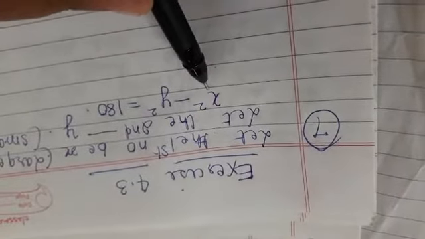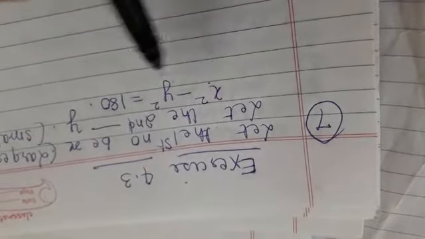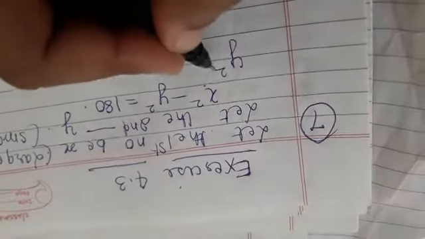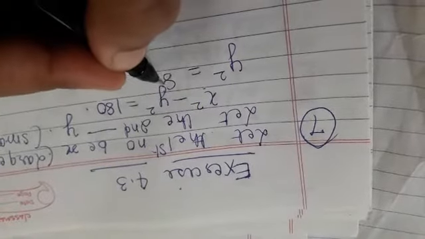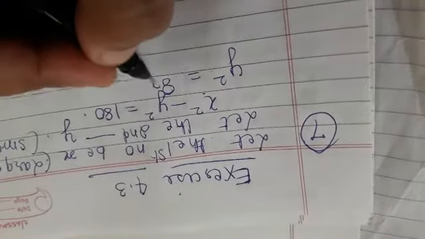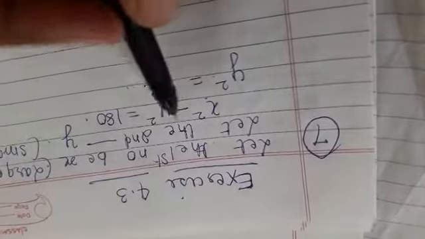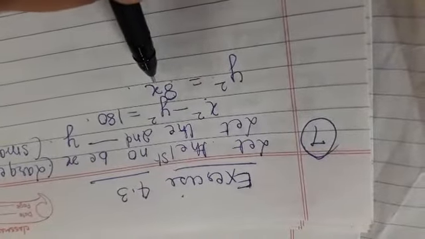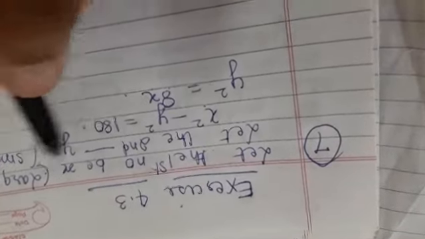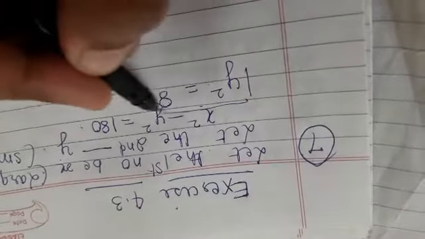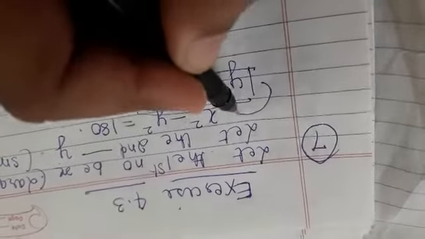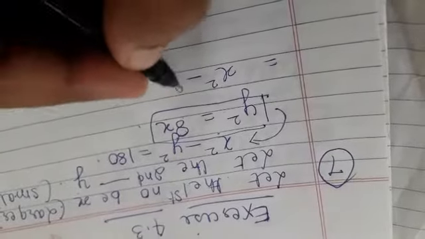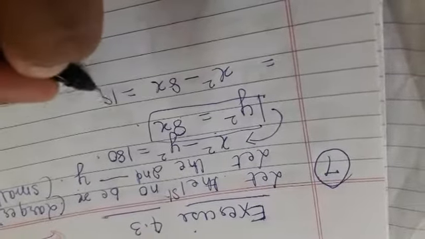Now it is saying that the square of the smaller number, that is y square, is equal to 8 times the larger number, right? So therefore y square will be equal to 8x. X is the larger number. Now this value of y square is equal to 8x, I will substitute in this equation and I will get x square minus 8x is equal to 180.